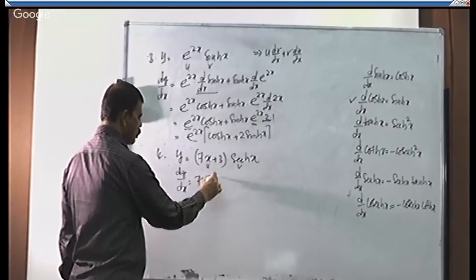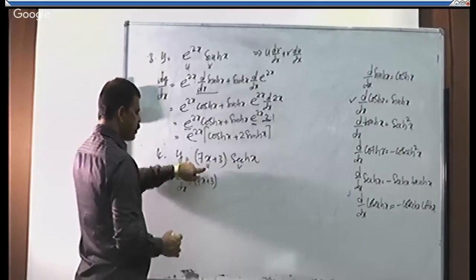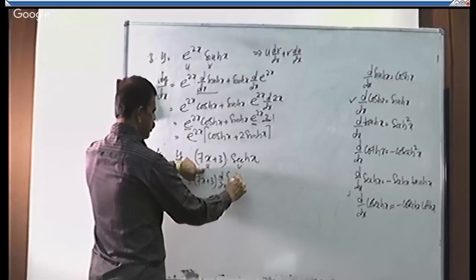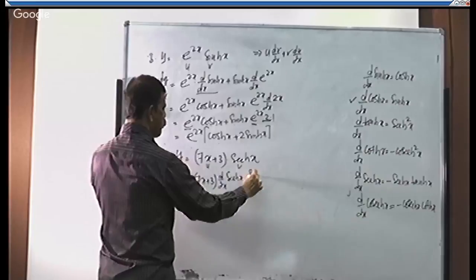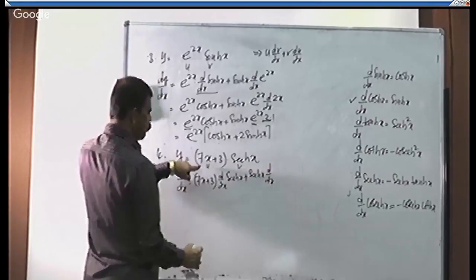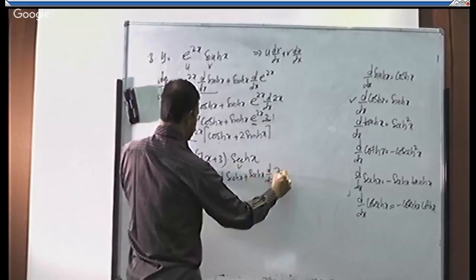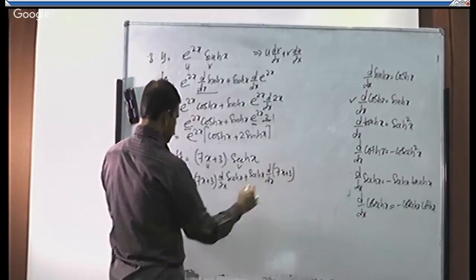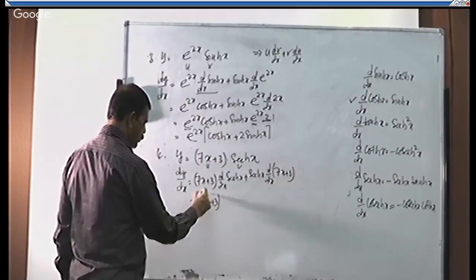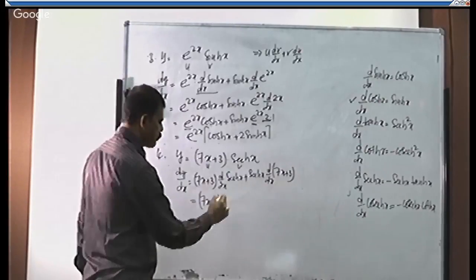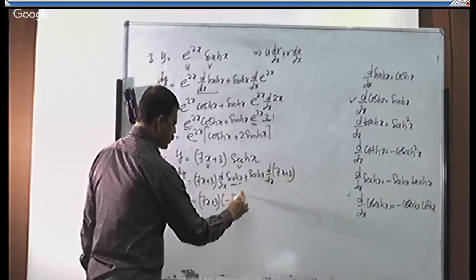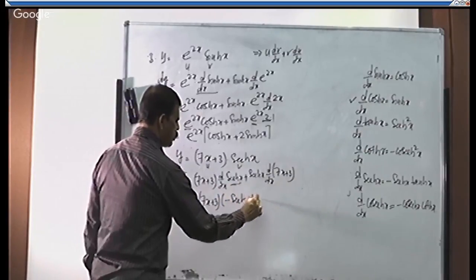According to the rule, keep u as it is, differentiate v, plus keep v as it is into differentiate u. What is u? 7x plus 3. That is equal to 7x plus 3 into differentiation of secant hx. That is what? Minus secant hx into tan hx.